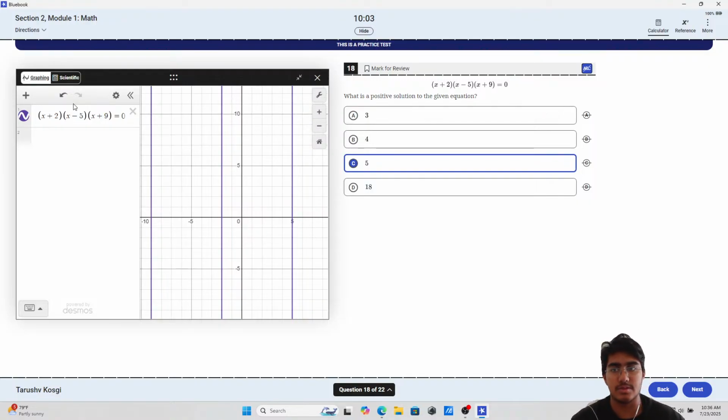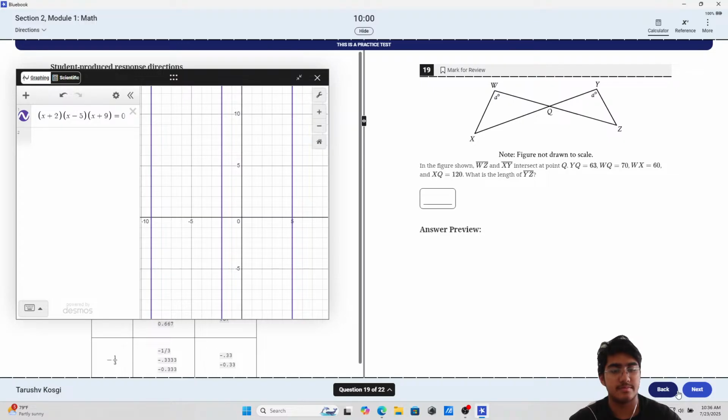There's only one positive solution, so it's 5. Okay, WZ and XY intersect at point Q. YQ equals 63.